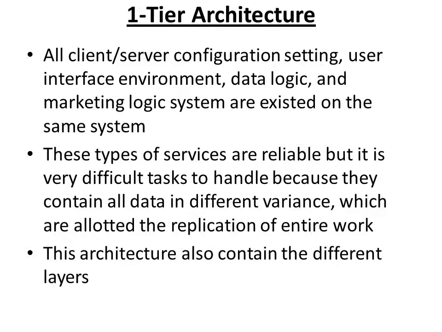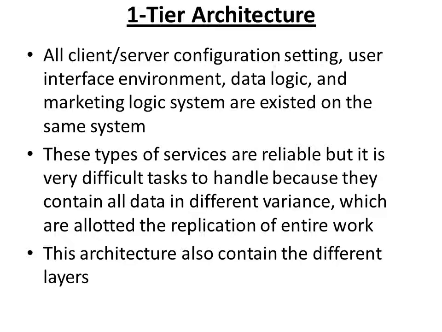Here, all client server configuration settings, user interface environment, data logic, and business logic systems exist on the same system. These types of services are reliable, but it is a very difficult task to handle them because they contain all data in different variants, which allows replication of the entire work.